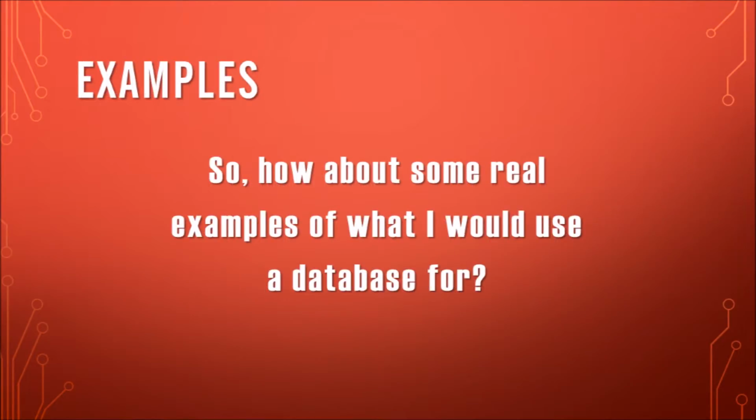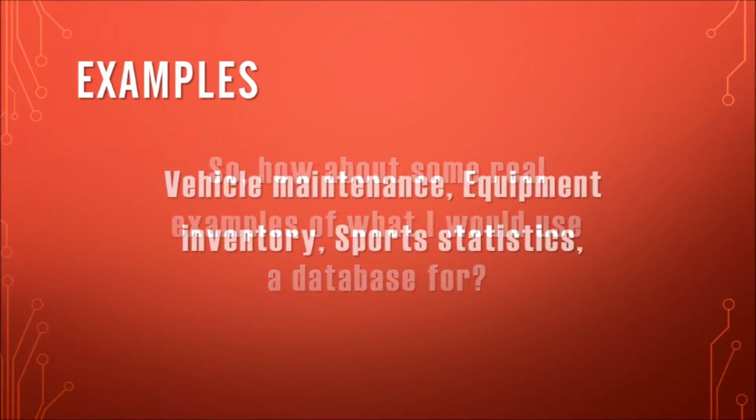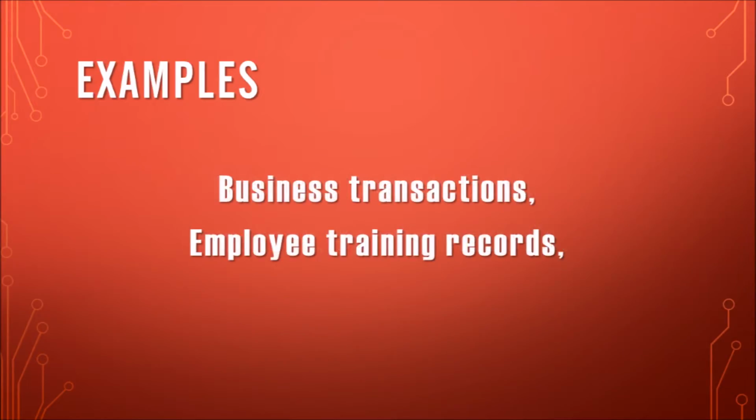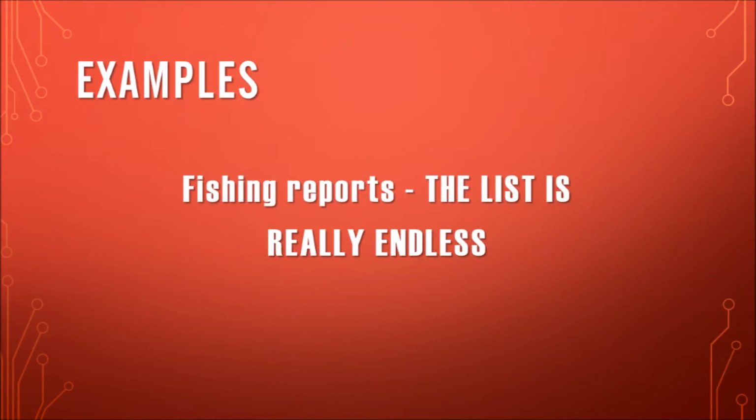So how about some real-life examples of what I could use a database for? Vehicle maintenance logging, equipment inventory, sports statistics, business transactions, employee training records, fishing reports. The list is really endless.